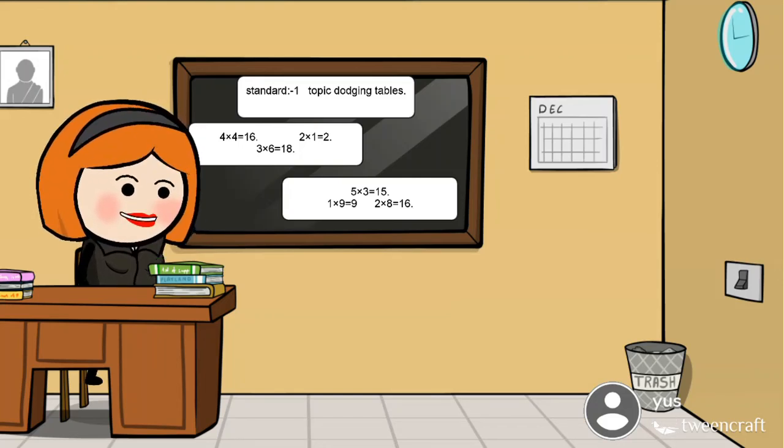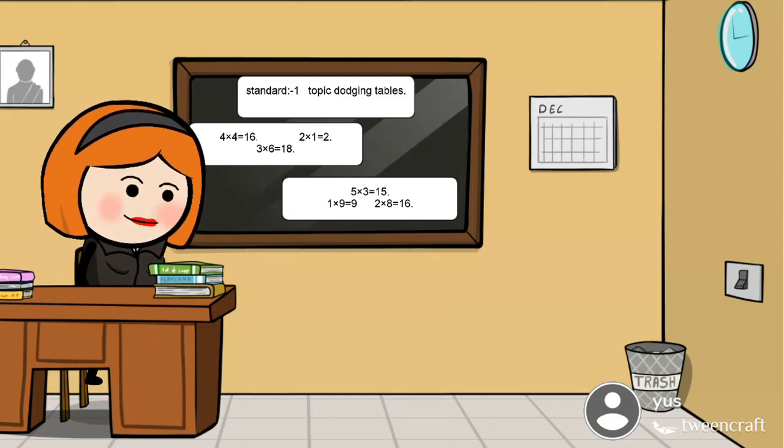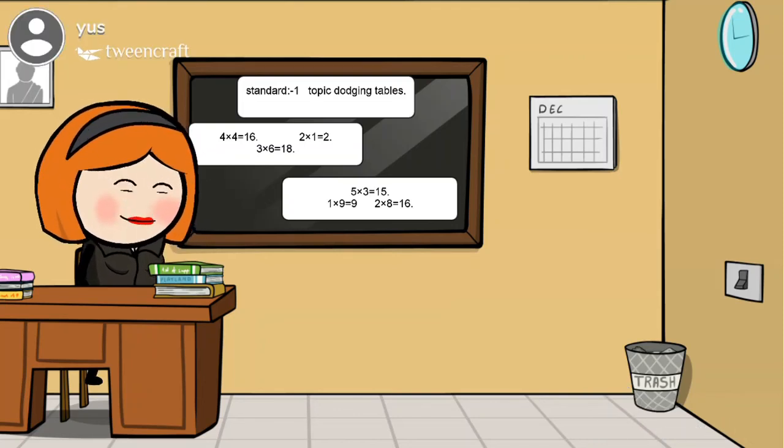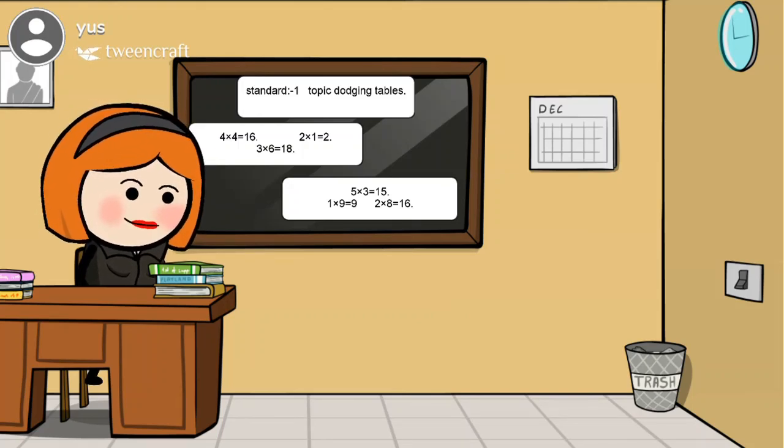4 fours are 16. 2 ones are 2. 3 sixes are 18.